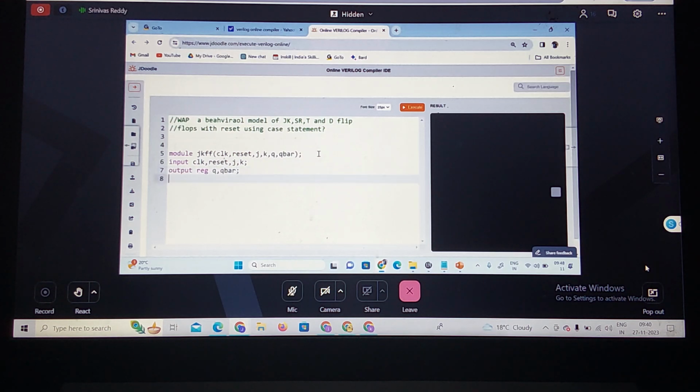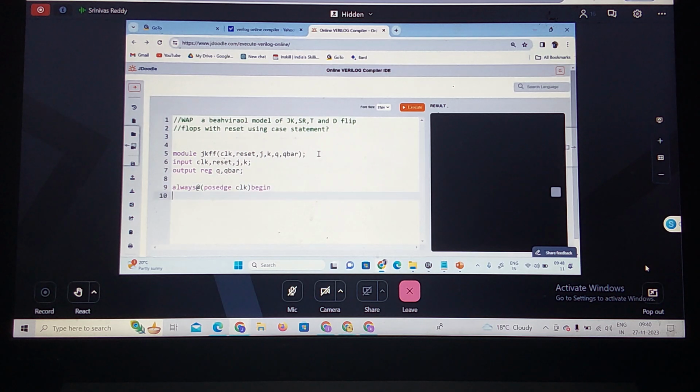Then what I need to do? What model was I asking to do? Behavioral model, always at the rate. So let us design on the positive edge of the clock, begin.